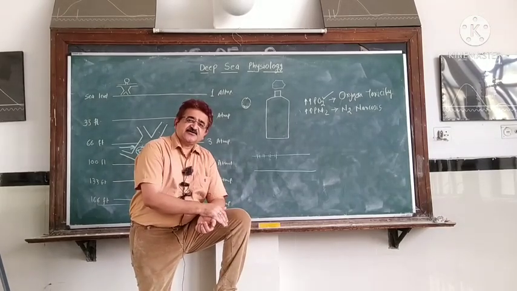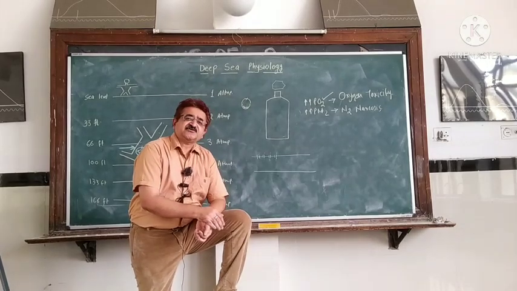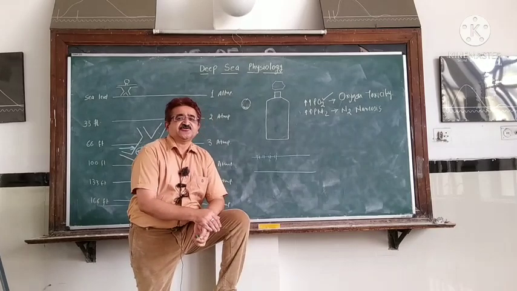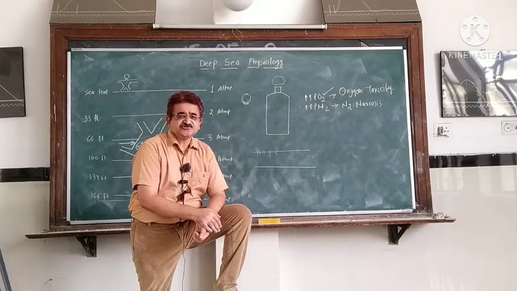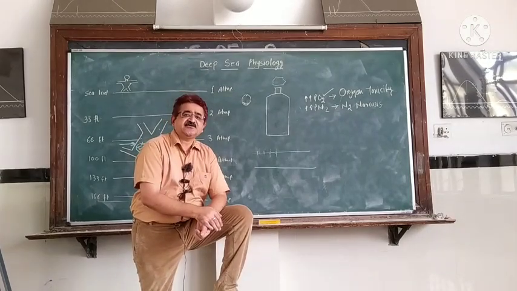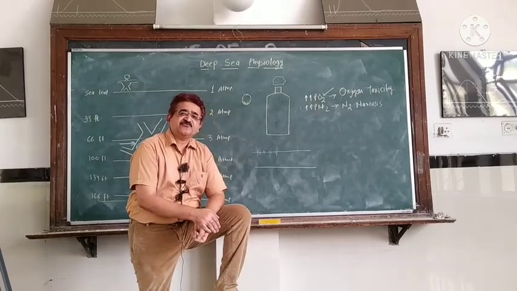And last one, the toxicity. Helium is not free from toxicity, but the toxicity of helium is only 20% that of nitrogen. That is why we use helium in the cylinder when the diver is going deep to work for a long time.